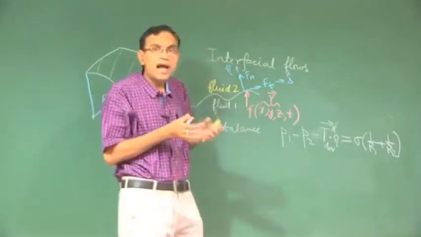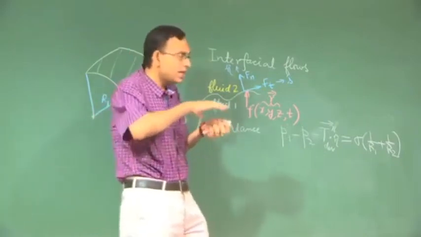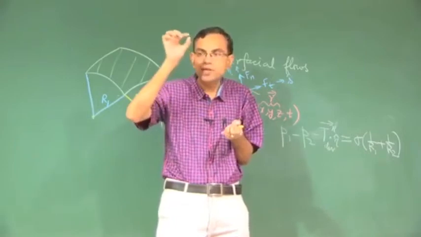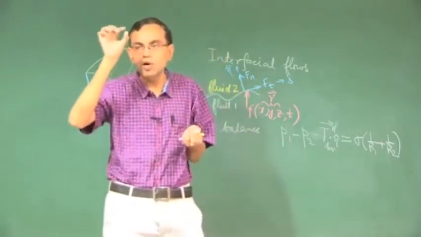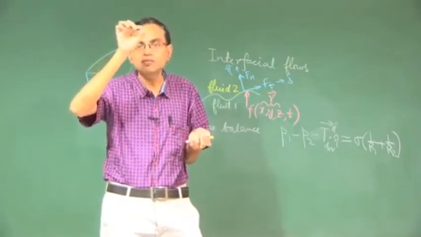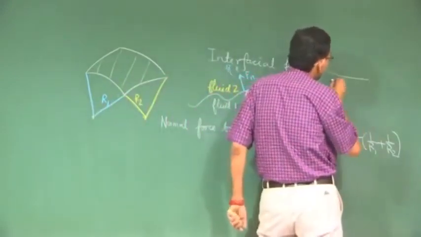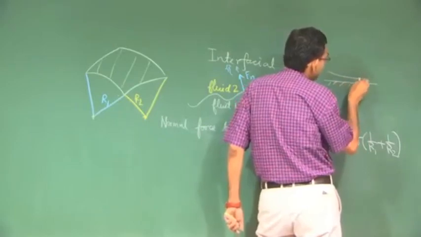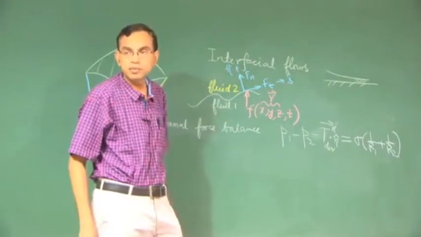Interestingly, you can add complicated physics to this boundary condition. For example, the interface is such that there is a thin film of liquid of atomic scale or molecular scale dimension entrapped, or let us say that you have an interface like this and you have a solid boundary and a very thin liquid film where intermolecular forces are important.